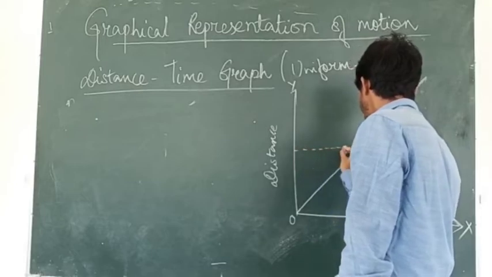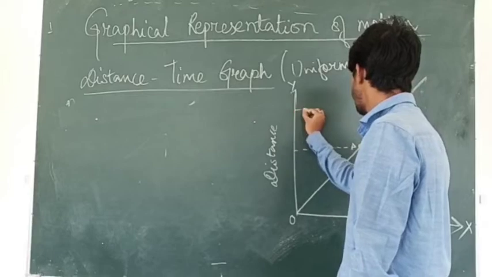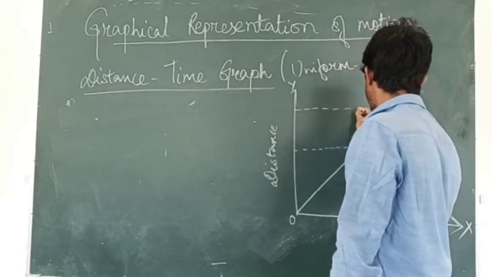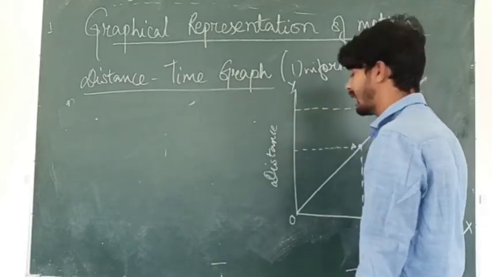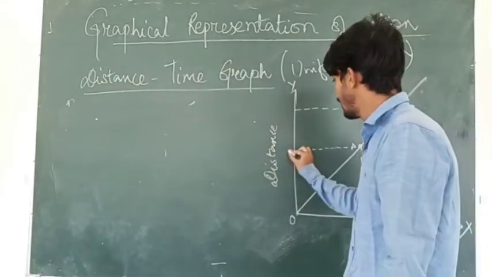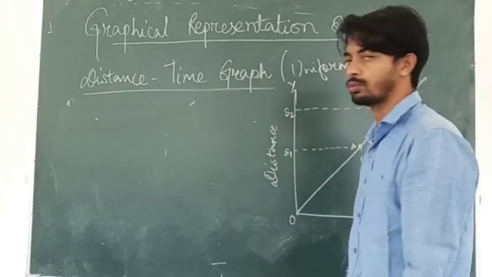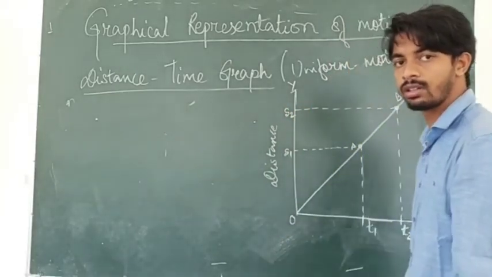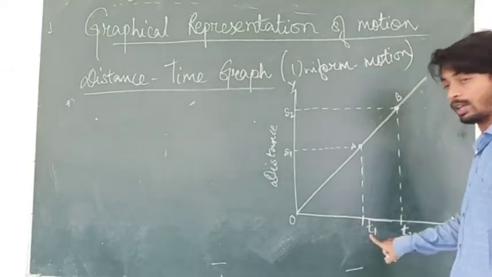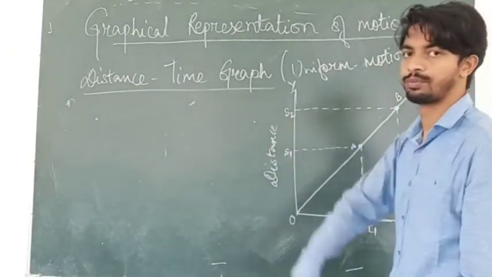You will have to use a scale while drawing the graphs because the lines of the graphs should not be bent or curved. It should be perfectly straight. So let me name the points. Let this point be S1. Let this point be S2. You can see T1, T2, S1, S2.